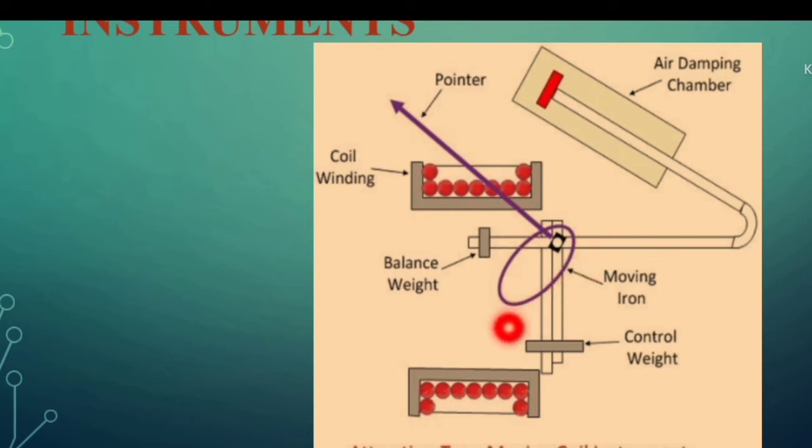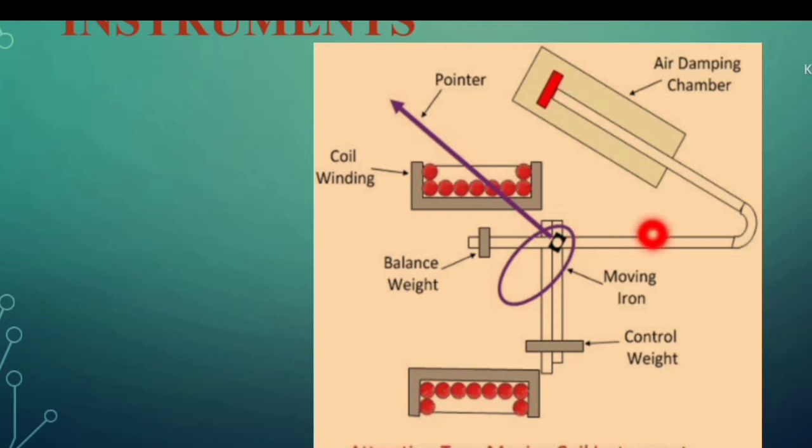To have a controlling arrangement to produce a controlling torque, we make use of a weight placed near this moving iron arrangement. This controlling weight produces a force in the opposite direction to that of the deflecting torque.